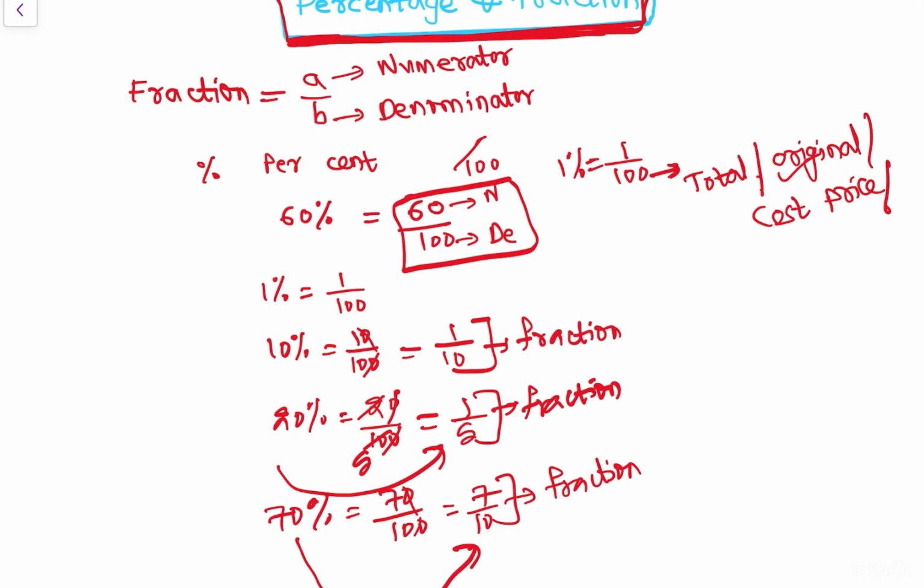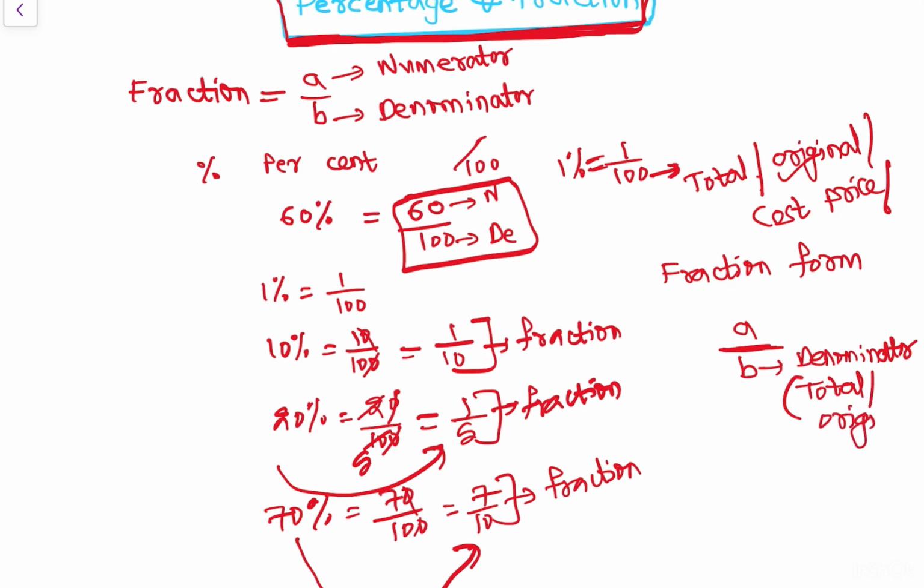So whenever we are representing something in fraction form, a by b, b is the denominator, and the denominator represents the total or original thing or cost price, etc. See, when we do the cost price and selling price chapter, there also we will talk about this concept.